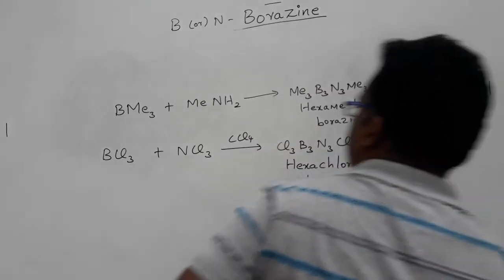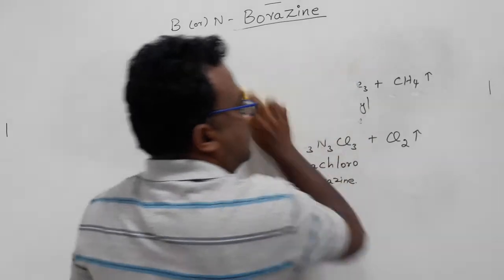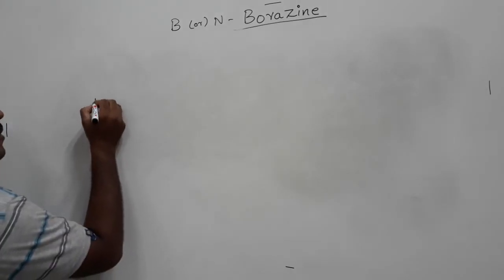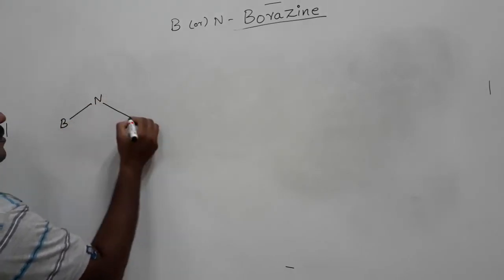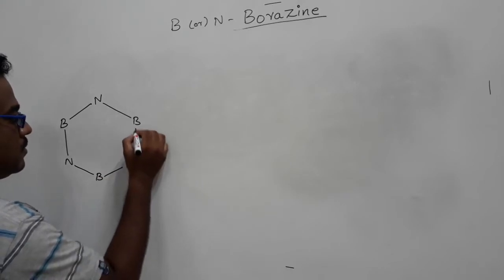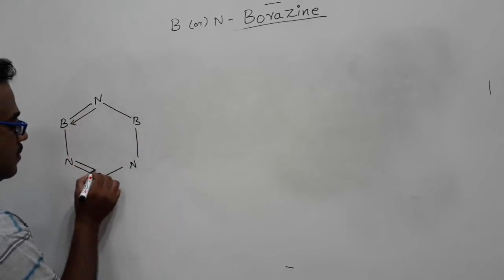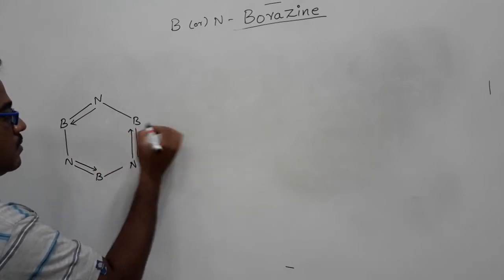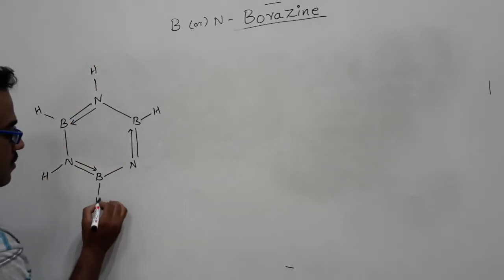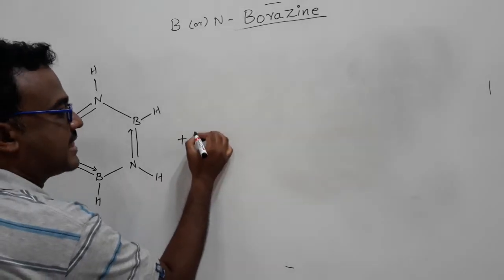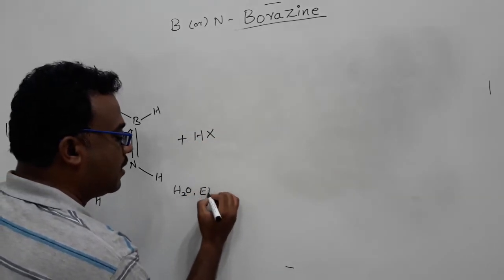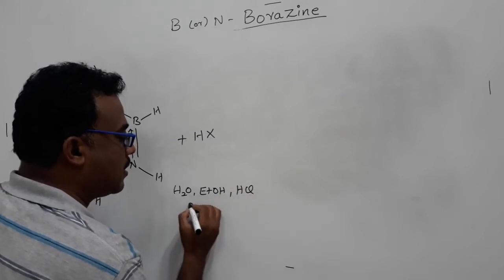For example, borazine, if I react with HX, HX means it can be water or ethanol or HCl or HBr.